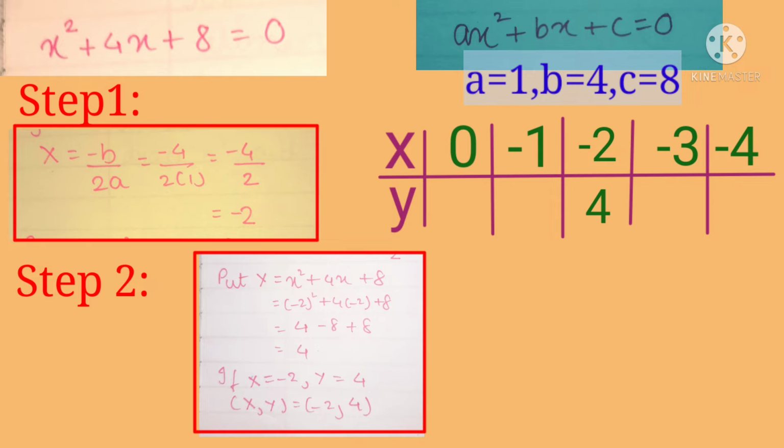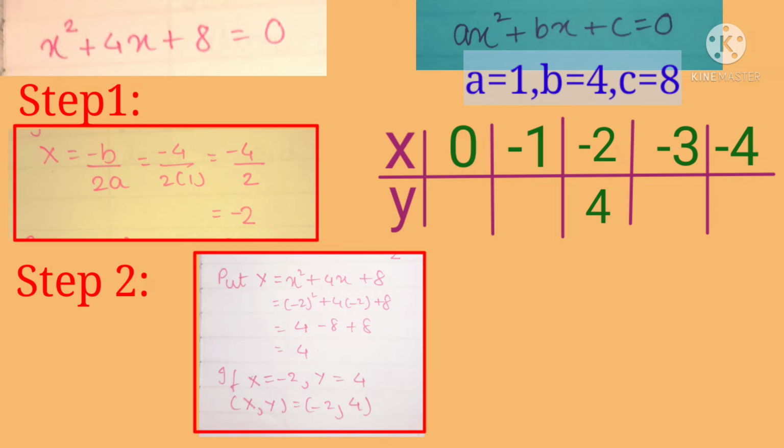On the left-hand side take the next two values as per the number line, like 0, minus 1, minus 2, minus 3, minus 4. Why did I take minus 2 comma 4? Because as per the formula, x is equal to minus b by 2a, whatever answer we get, we put it in the middle of the block and take the next two values on the right-hand side and left-hand side. This procedure will be continued for every question.